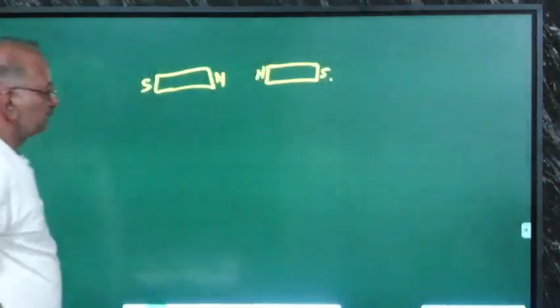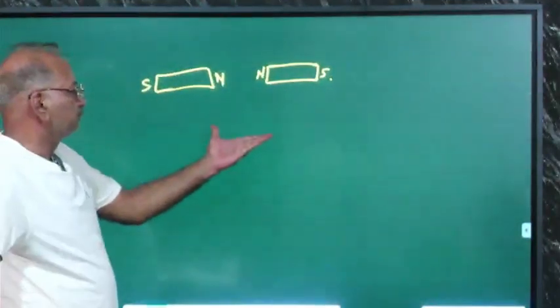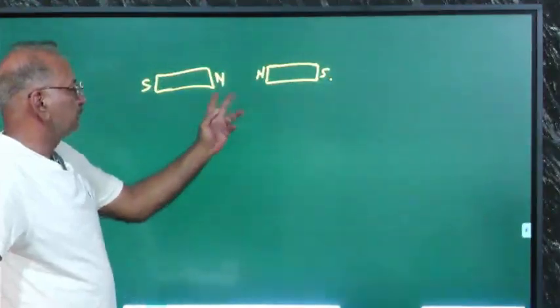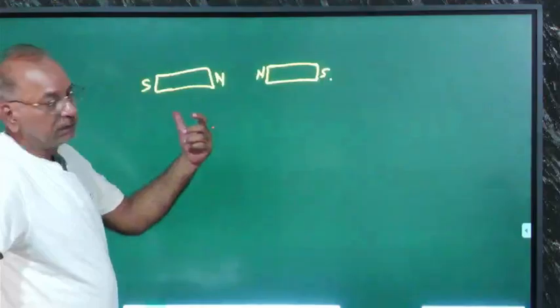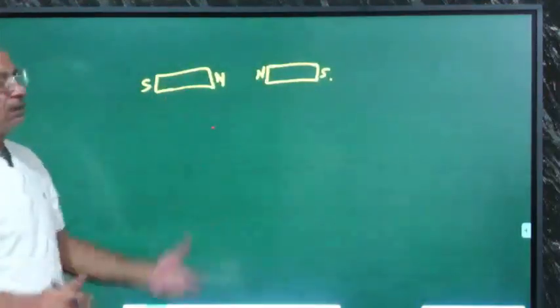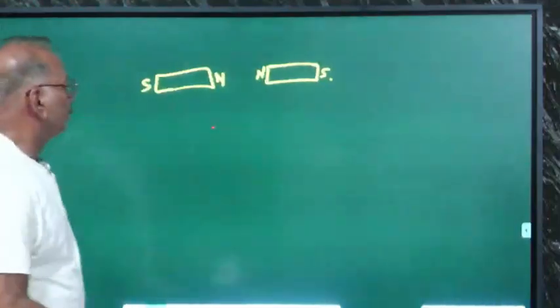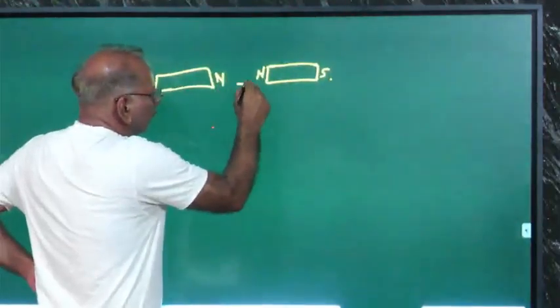Two bar magnets are kept in such a manner that their similar poles are facing each other, and another set of similar poles are kept away. This will try to push it away.